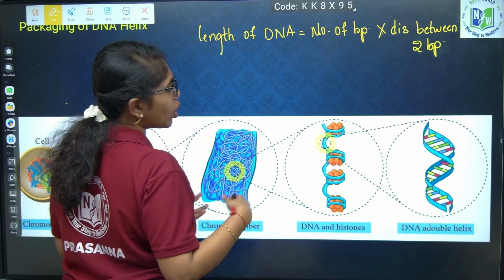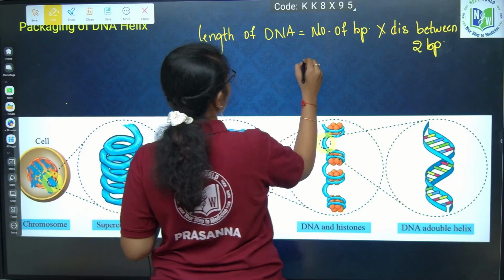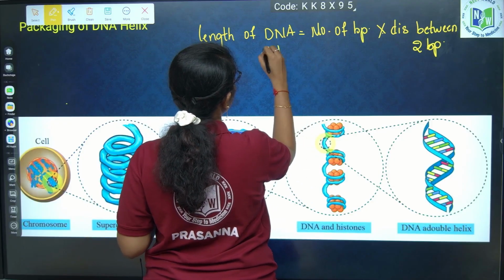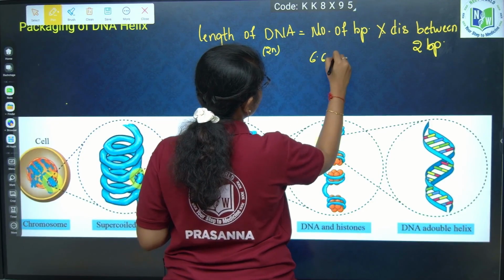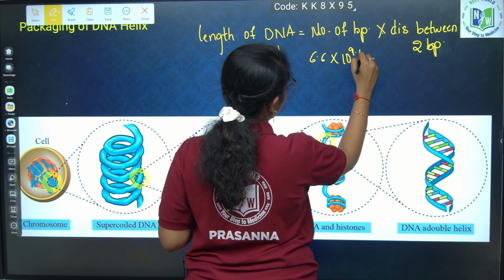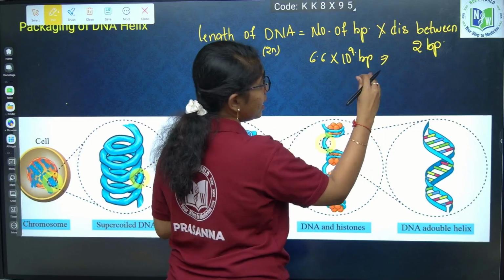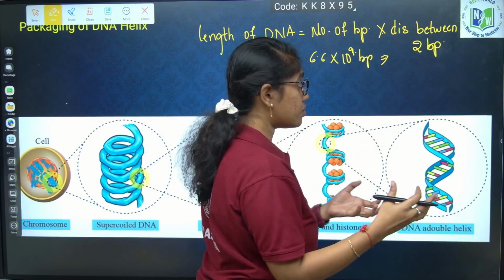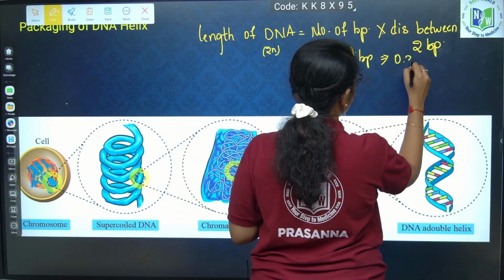If you consider a human cell, number of base pairs in a diploid human cell is 6.6 into 10 to the power of 9 base pairs, wherein distance between 2 base pairs we have just learned is 0.34 nanometers.